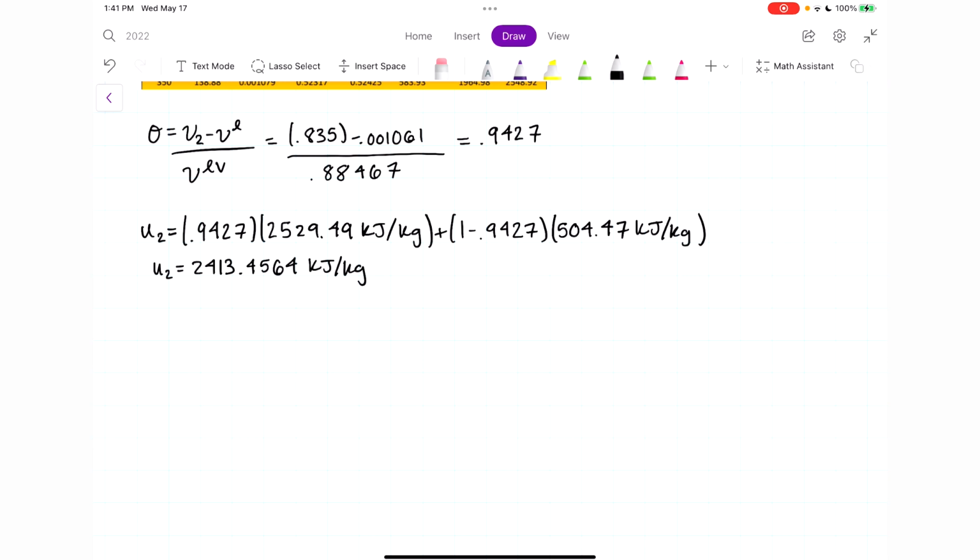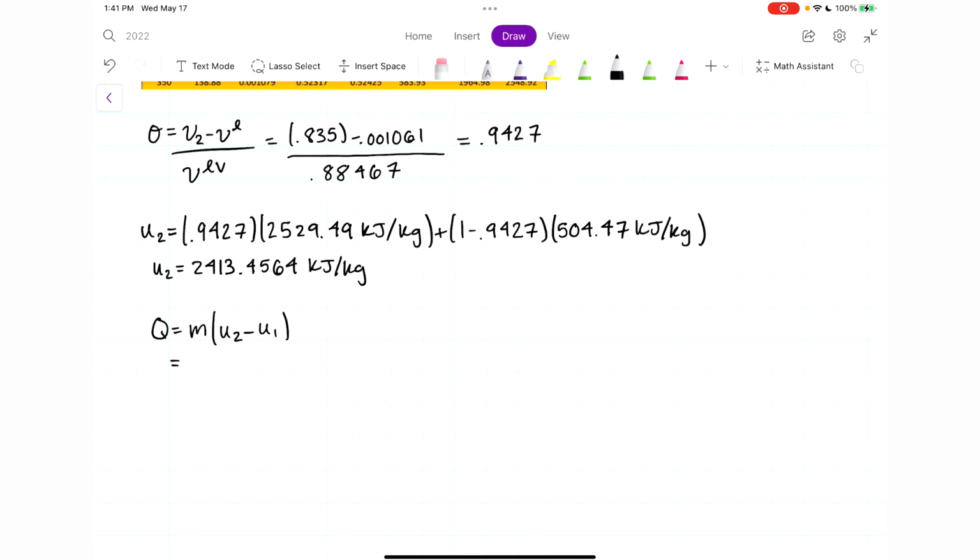Great. Finally, we can find the heat added to our system because Q is equal to m times U2 minus U1, where these are specific. We know the mass because it told us in our problem statement: the mass is 1 kilogram. So I'm going to plug everything in.